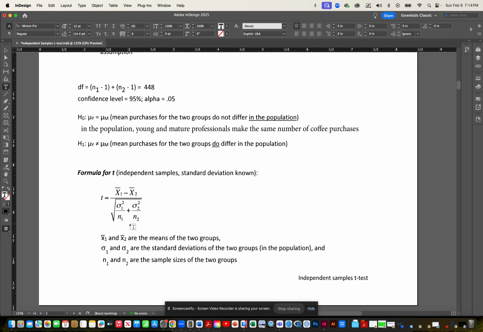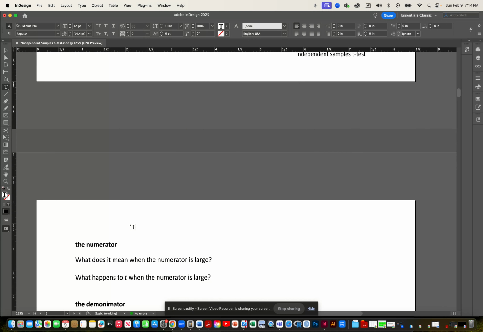Now, the standard deviation would be the amount of spread. And so what we're doing is dividing the difference of the means by the amount of spread. Is that a word? And so, yeah, let's just move on to the next page.